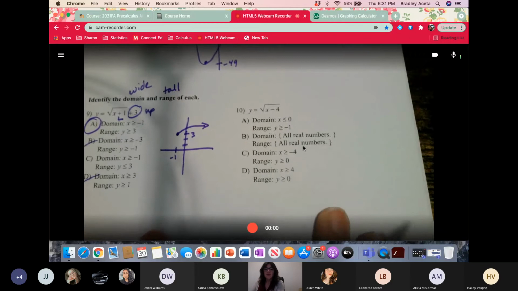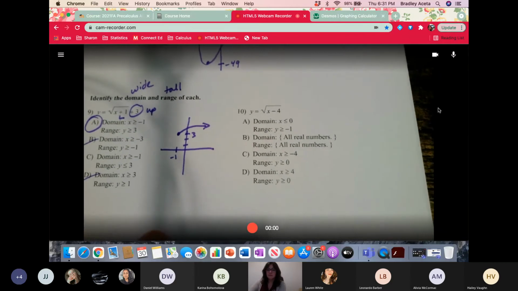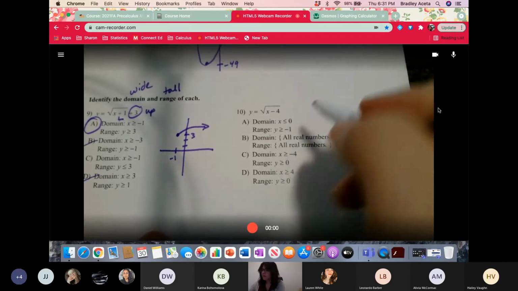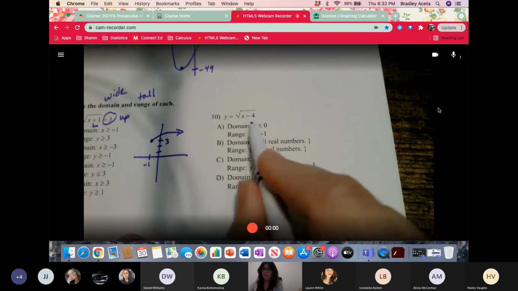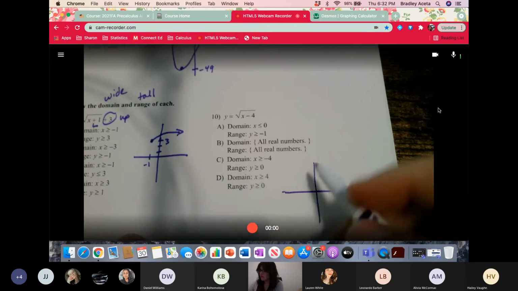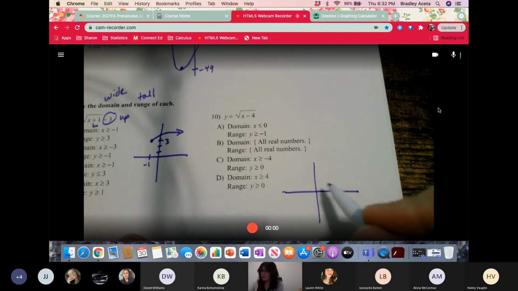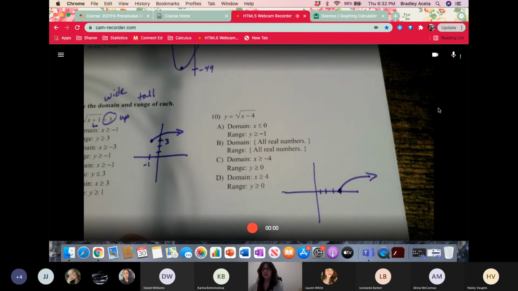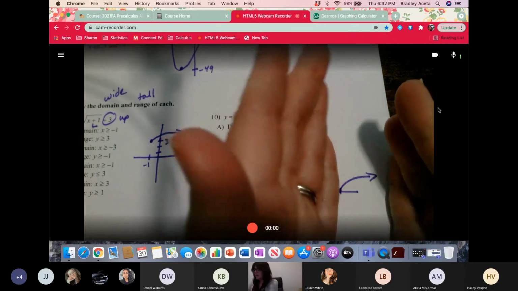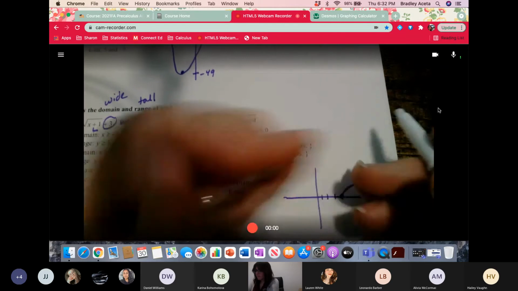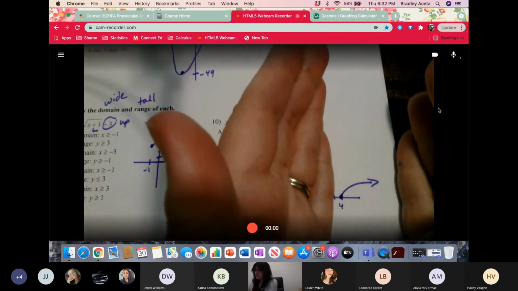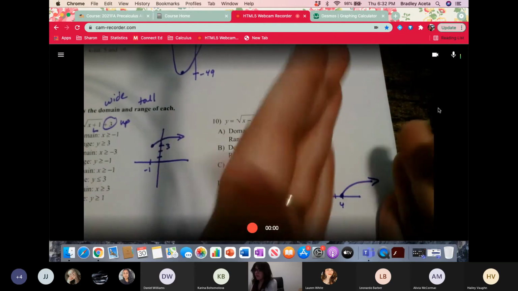All right, same thing for number 10. I have my graph, my x minus 4. I'm going to go to the right 4, draw it and shoot out. And so what's my domain? How wide is this thing getting? Well, it's going from 4 on the x, and it's all the numbers greater than 4.